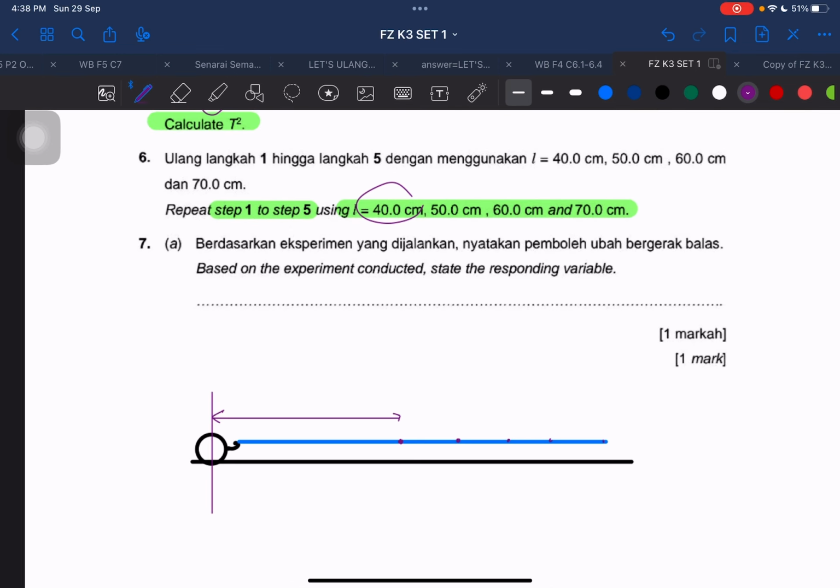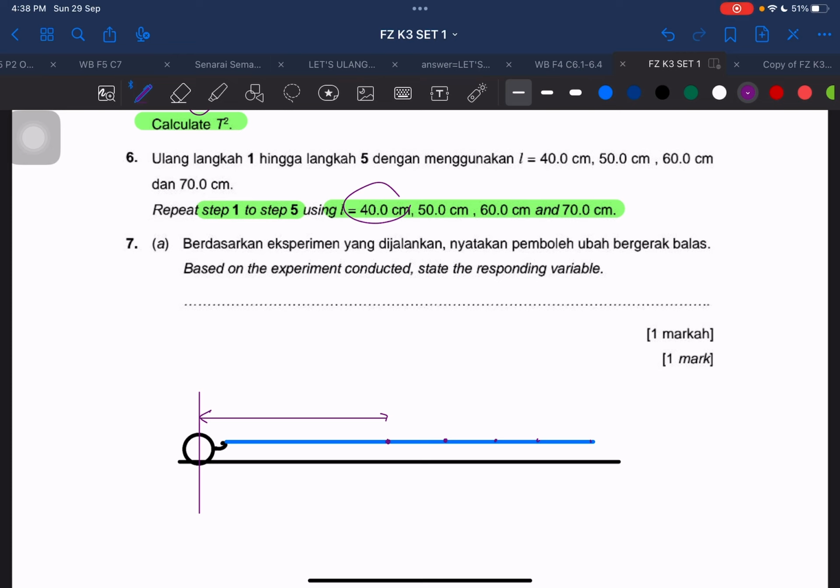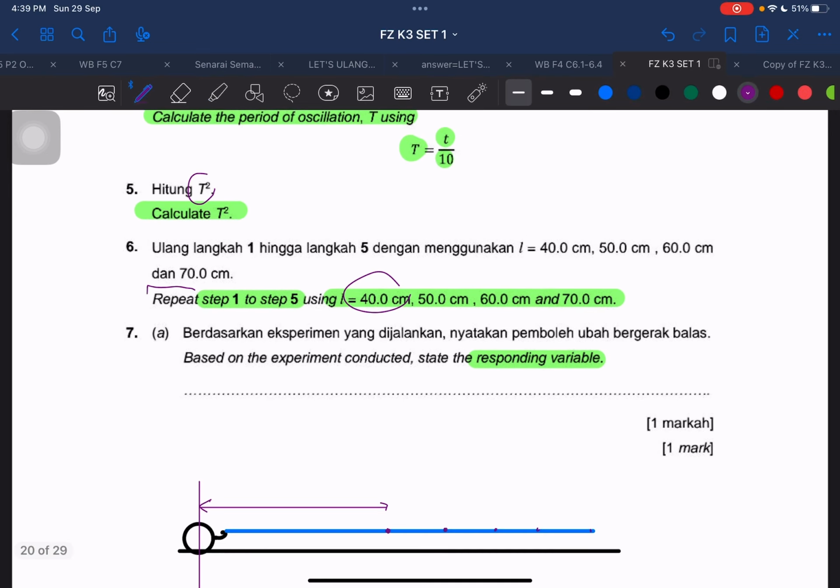First question. Based on the experiment conducted, state the responding variable. For this question, the manipulated and responding variables you can get earlier, before you start doing the experiment. Here, when you see the word repeat, this is the manipulated variable, which means L is manipulated.